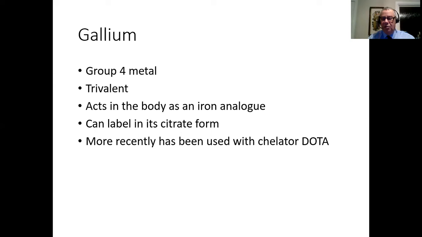But most of the time, we use it on a peptide or a ligand, which will be PSMA, which we're going to be talking about at lunchtime. And we use a chelator to do that, and that chelator is DOTA. DOTA is a very complex molecule, but what it has is basically 5 nitrogens.